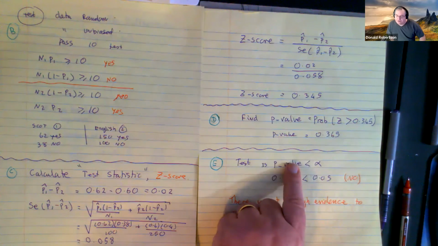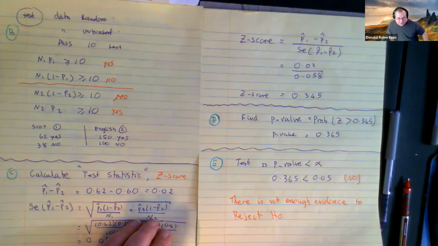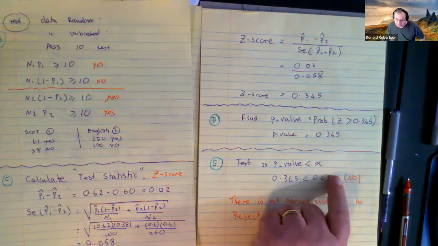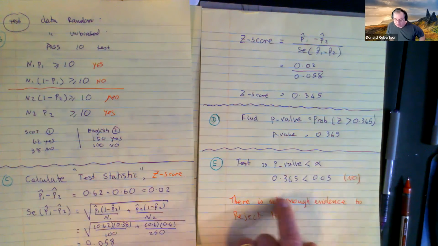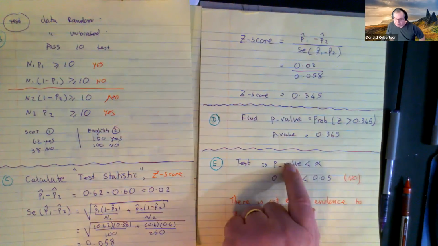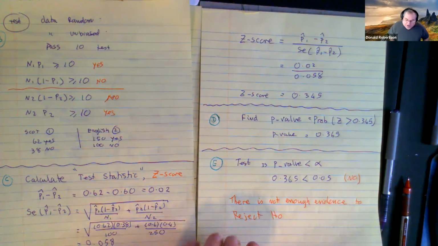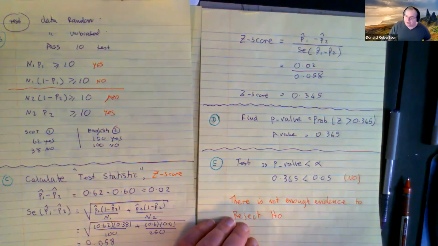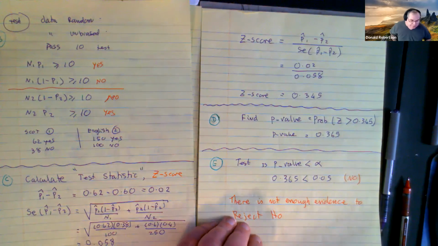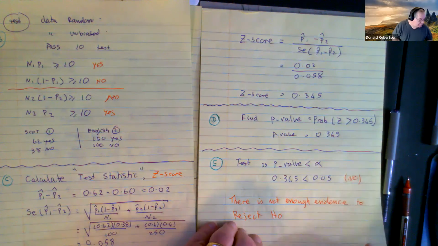You then test, is your p-value less than the significance level of 0.05? And if the answer to your test is no, not enough evidence. If the answer was yes, the p-value is smaller than that, you would then say there's enough evidence to prove that the alternate is true, would be one of the phrases you could use. Any questions about that process?